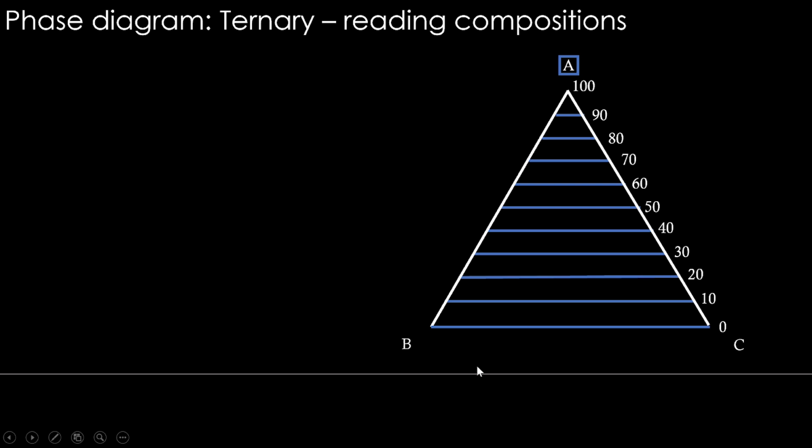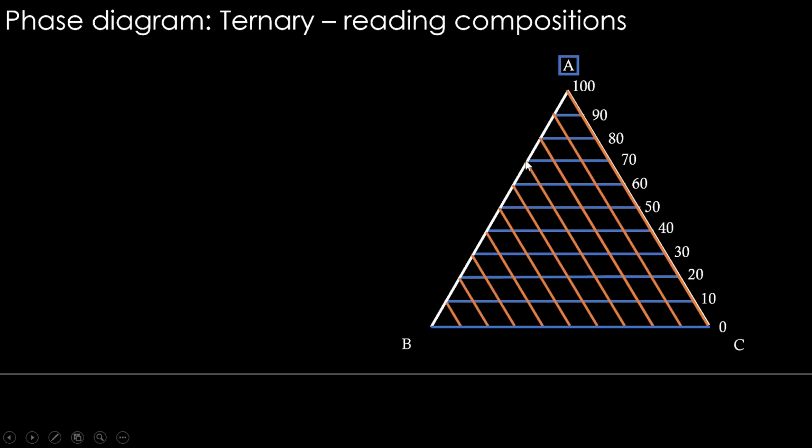Similarly, if we want B content, all these orange lines here are going to represent B content. They are all parallel to AC. If you see carefully, this particular AC line is going to represent 0% of B, and as the lines move on, we are going to see the B content gradually increasing.